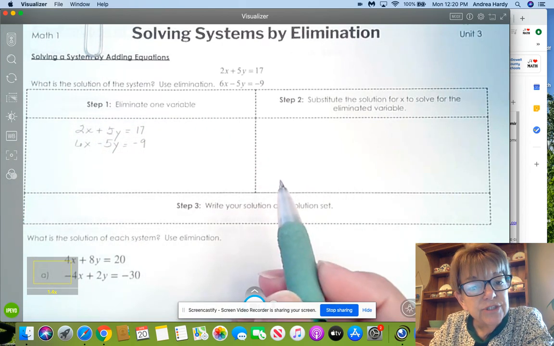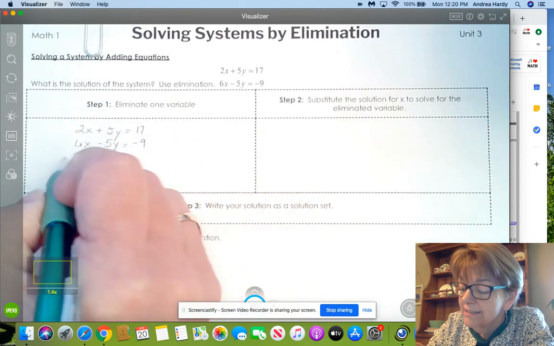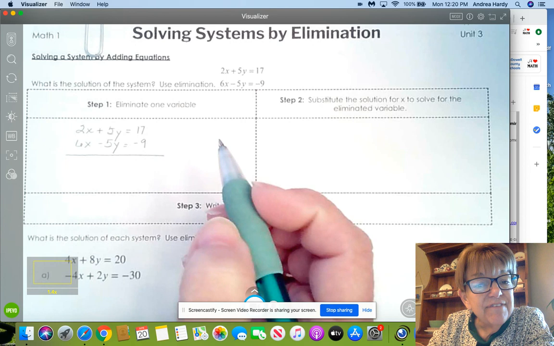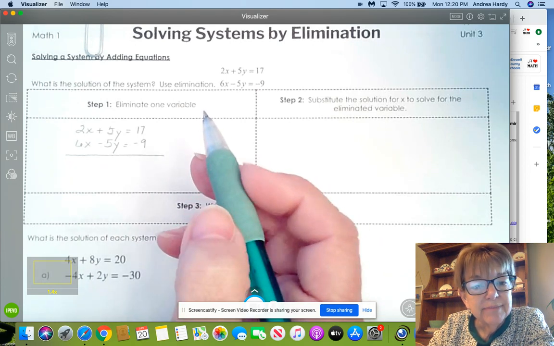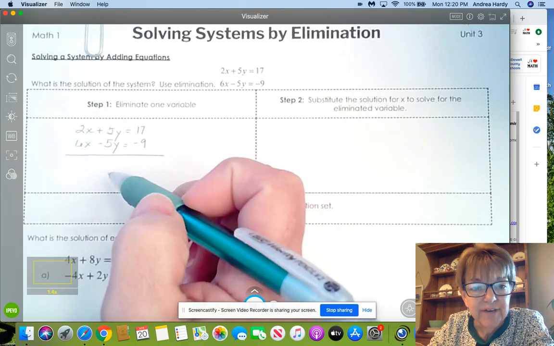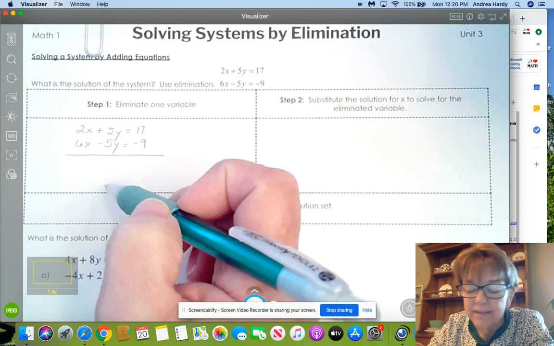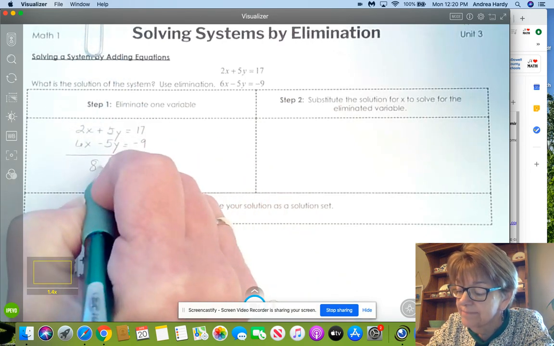What I'm going to do, I can see that this is a positive 5y, this is a negative 5y. If I add these two equations together, I'm going to eliminate a variable. I can only do this if I can add them and the variable is going to be completely gone. I have 6x and 2x, which is 8x.